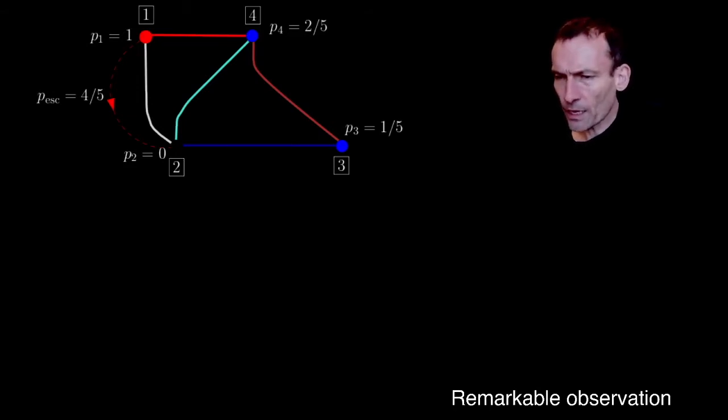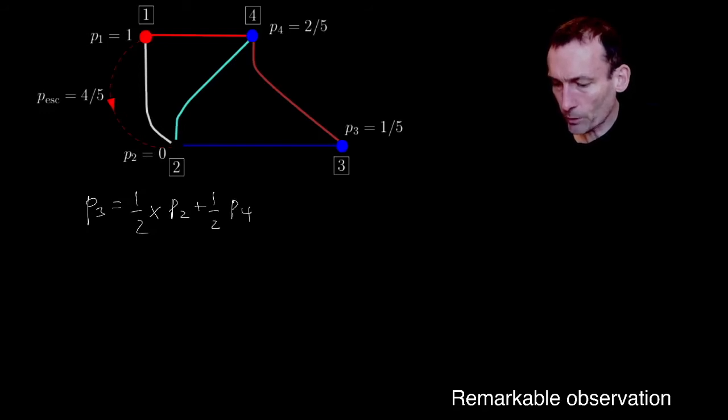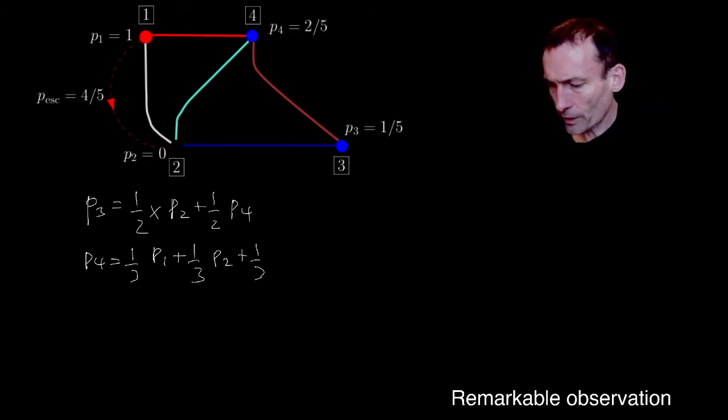If you remember, in the last lecture, when I showed you theoretically how to get 2/5 and 1/5, I wrote down the fact that the probability P3, which was the probability of reaching node 1 before node 2, starting from 3, was 1/2, using the basic law of probabilities, times P2 plus 1/2 times P4. And then I also noticed that P4 was 1/3 of P1 plus 1/3 of P2 plus 1/3 of P3.